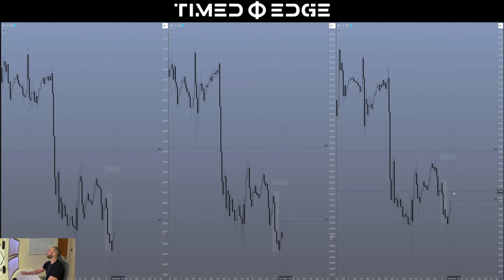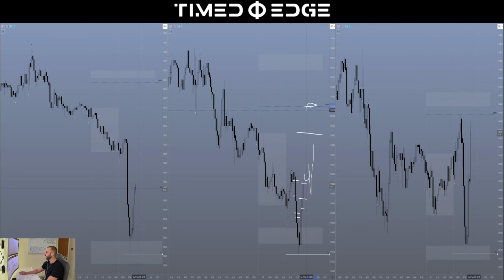There are multiple gaps here. Two gaps there. Closing up, come back down, target Asia high. Well, probably the daily 50%, to be honest. That will probably be the draw of liquidity. So we'll probably draw it up into that level.